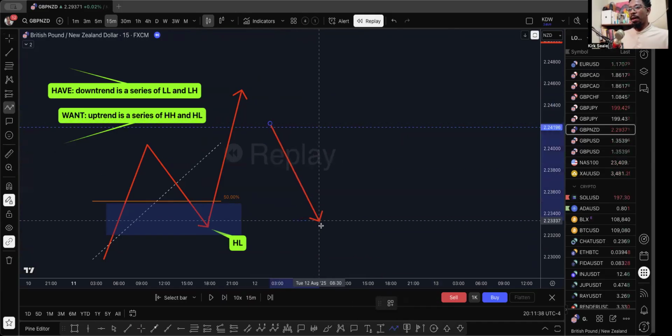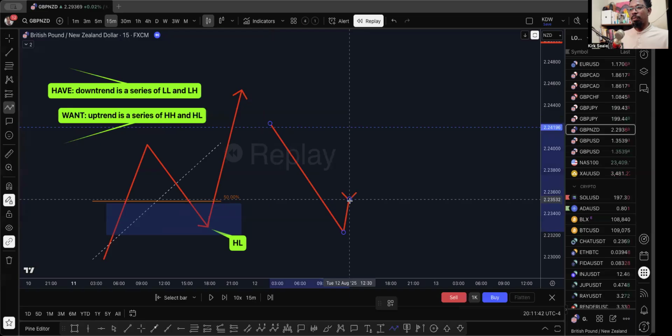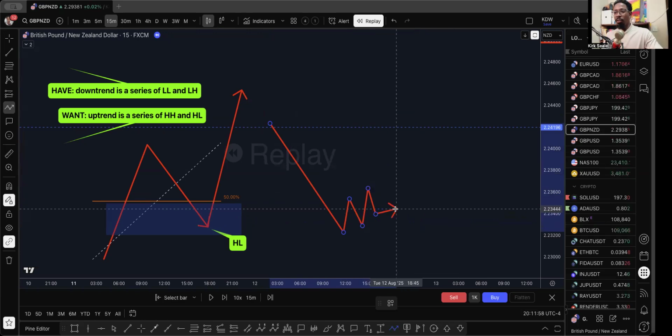So when the pullback comes down here, price comes up a bit, trades down, doesn't give us a lower high, trades up, gives us a higher high, trades down, gives us our second higher low in an area that's 50% or more into an area of possible imbalance.